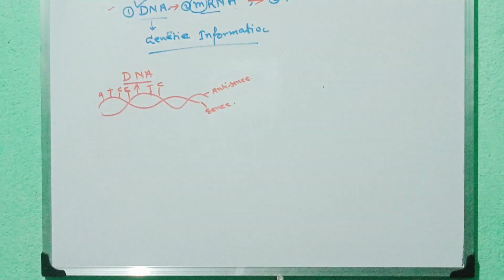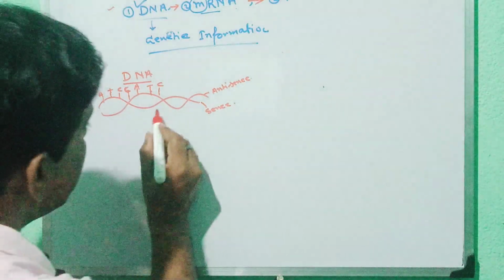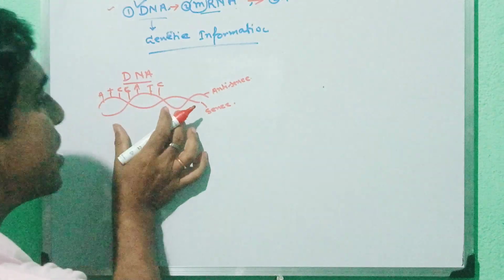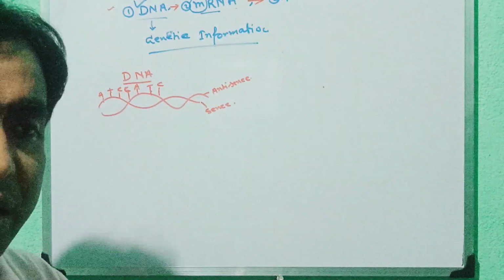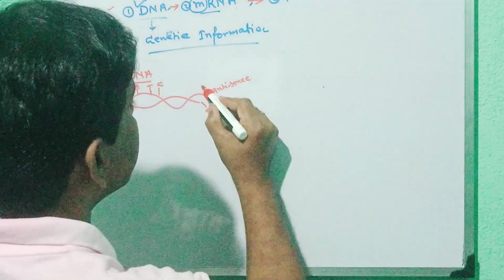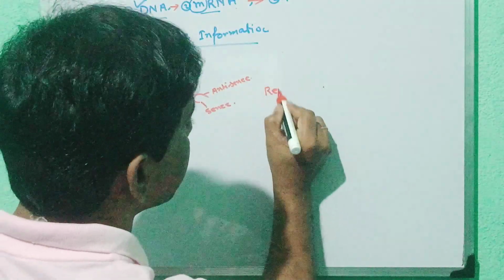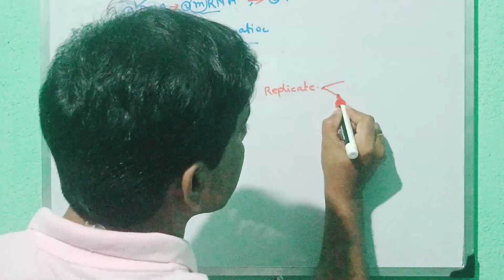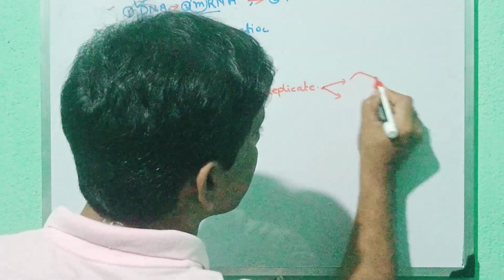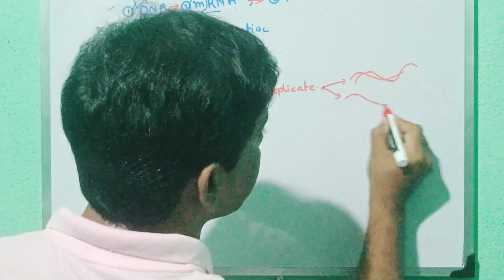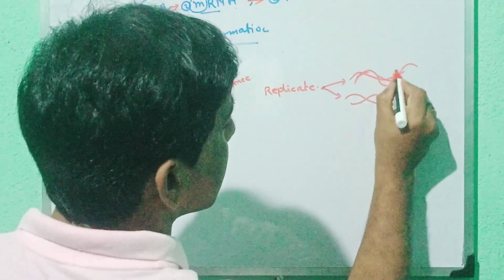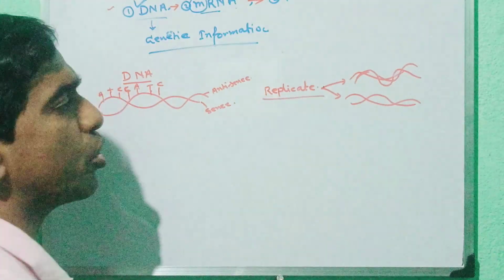This is a double stranded DNA. After that, the double stranded DNA replicates and produces two DNA, two different types of DNA. So after replication, they produce two different DNA.